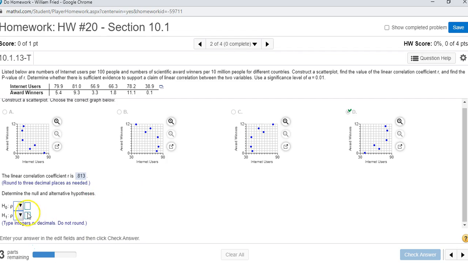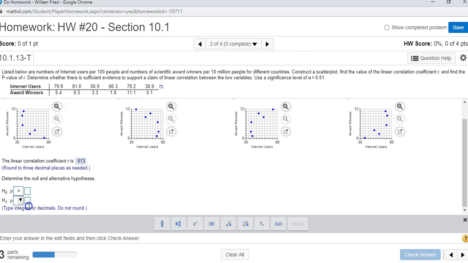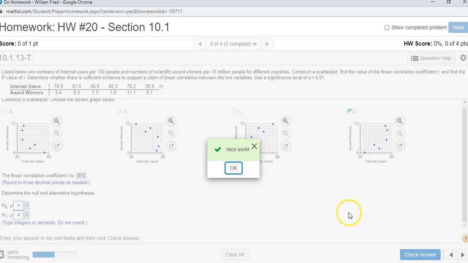As I said, the null hypothesis is always rho is equal to 0, and the alternate hypothesis is always going to be rho is not equal to 0. And by the way, that null hypothesis is not from the original claim when we have to answer the question about the conclusion. Let's check that. Nice work.